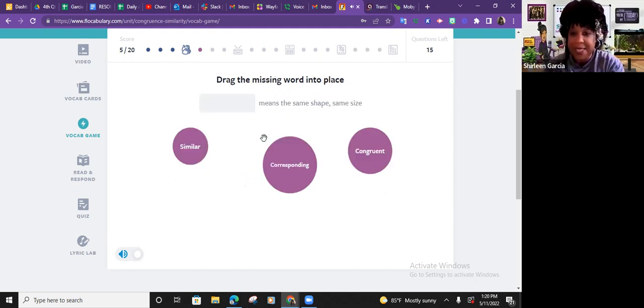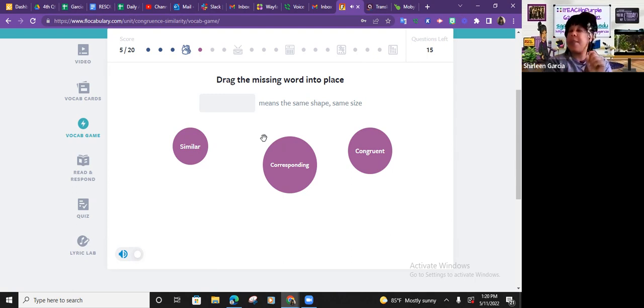All right, blank means the same shape, same size: similar, corresponding, or congruent. Same shape, same size. They are similar, but if they're both the same shape and the same size, what do we say?